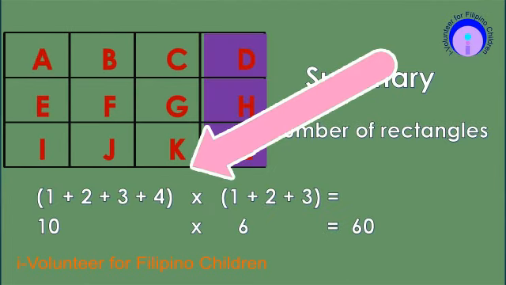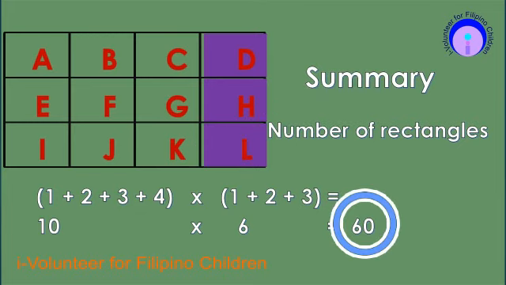Here's the formula in finding the number of rectangles. The key here is the number of columns and the number of rows.